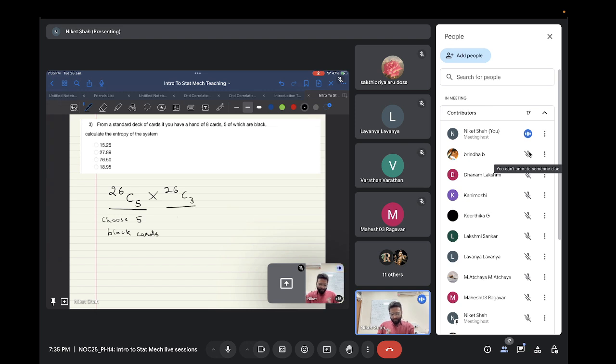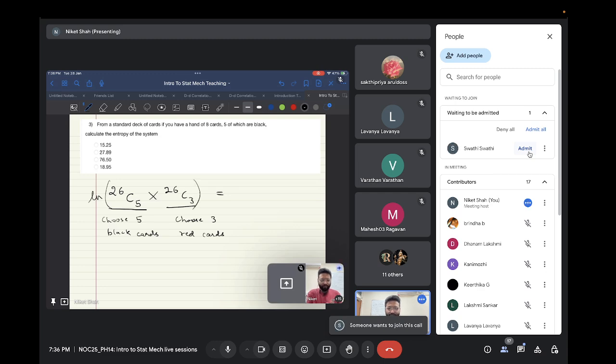This is for choosing 3 remaining red cards. This is the number of possibilities that we have. Now I'll have to use something to solve this, and I have to directly take a log of this.